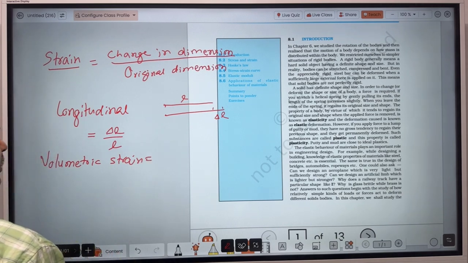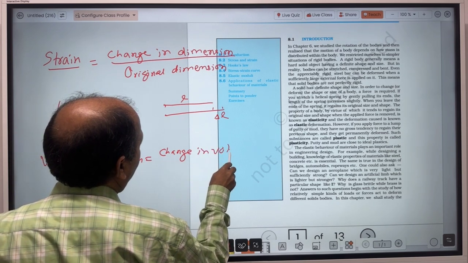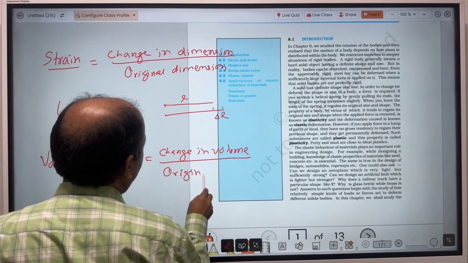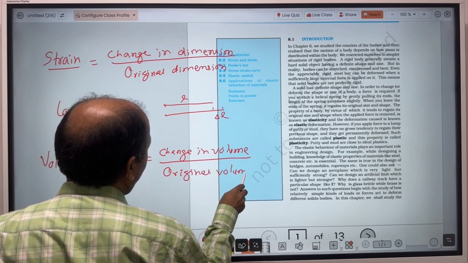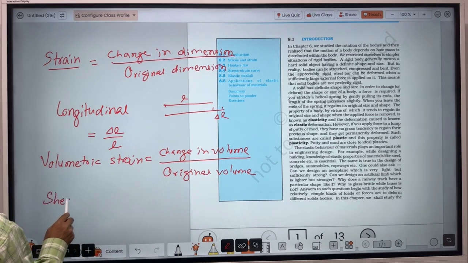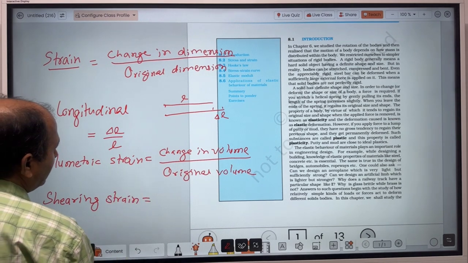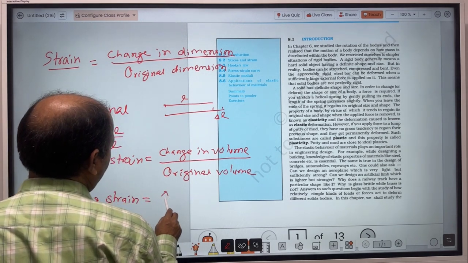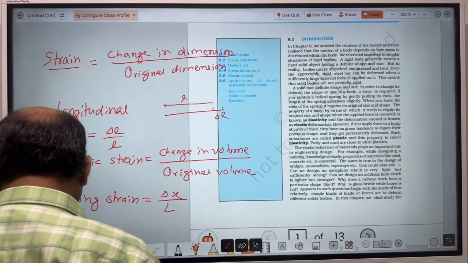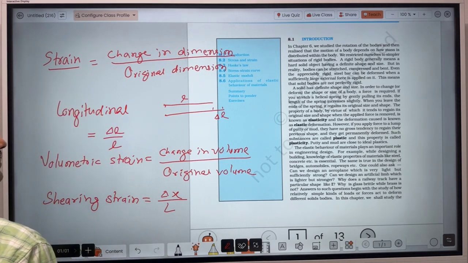It means change in volume divided by original volume. Then comes shearing strain, which means deformation produced. So suppose deformation is delta x and the original size is L. So these are different types of stress and strains.